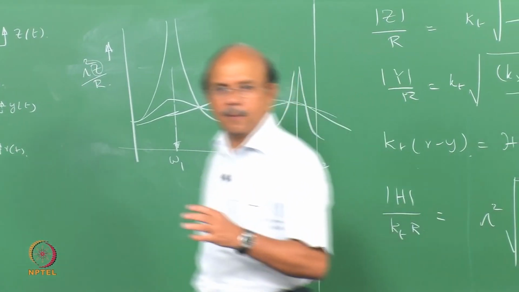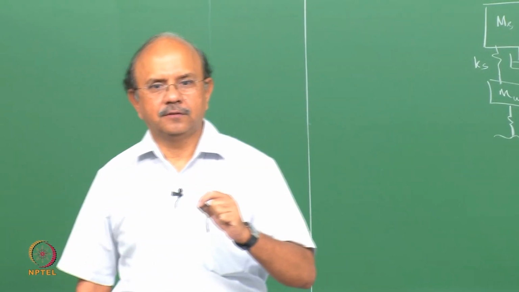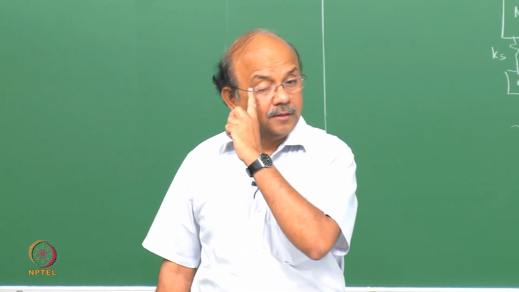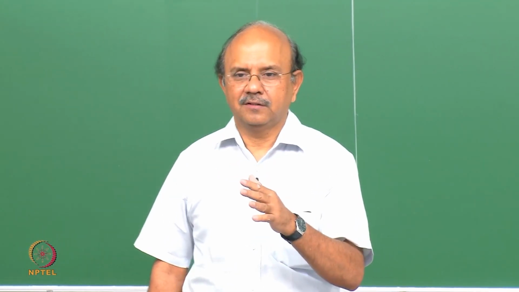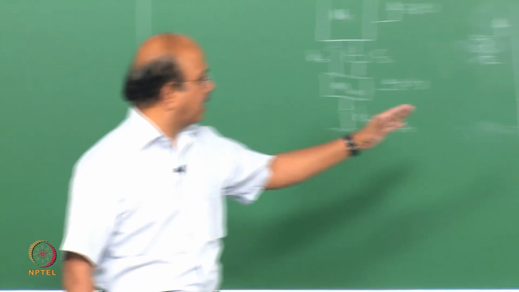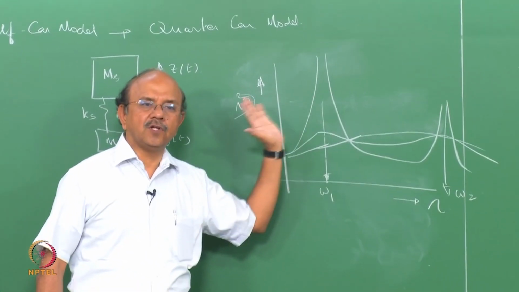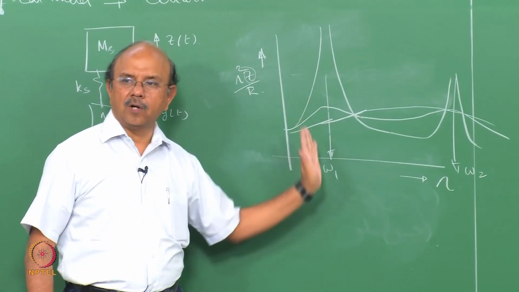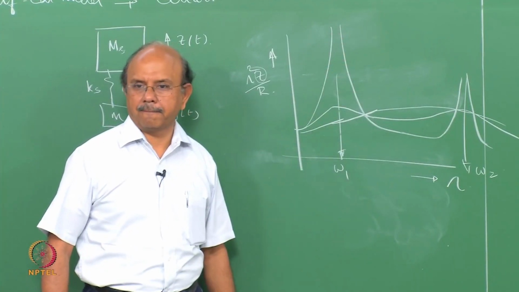So in other words, optimizing the suspension, especially the shock absorber, is not a task which is very obvious and trivial, because of this kind of graph where its behavior is not going to be the same. One compromise results in an increase at another place, and vice versa.